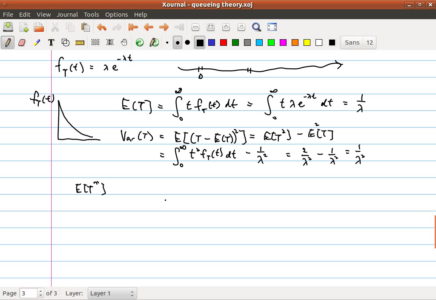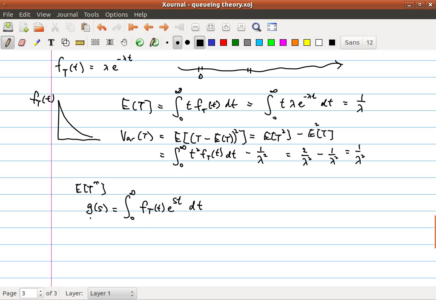That's basically just the Laplace transform of f_T, that we can define as G(s) equal to the integral from 0 to infinity of f_T(t) e^(st) dt.